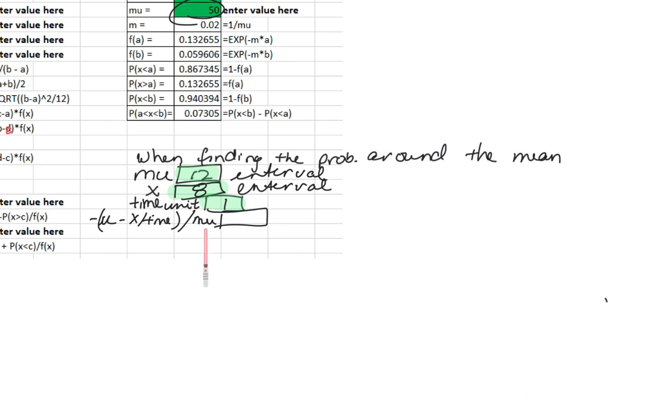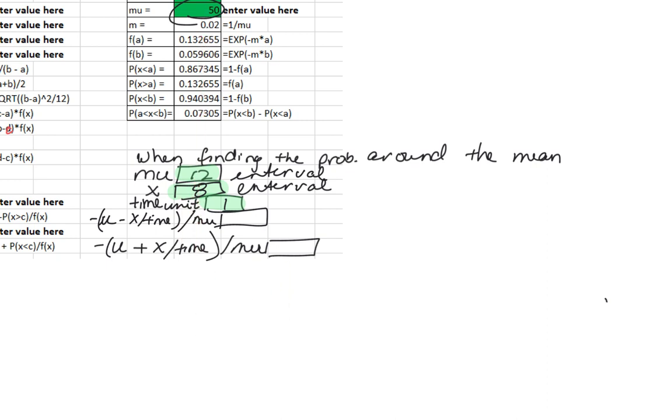So I do an equals and grab all those cells. Then I would do a negative mu, parenthesis, plus x divided by time, parenthesis, divided by mu. And then I'd have another bar here. And again, I'd have all of these lining up here.